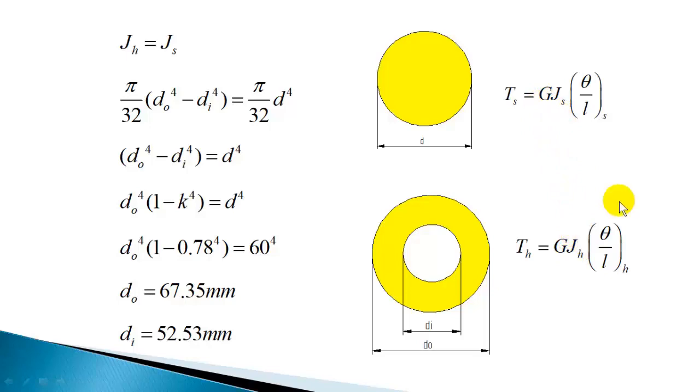Both the shafts will now transmit the same torque while undergoing unit angular twist in unit length, so T by theta by L is equal to GJ. So we got the replacement. Now we need to find out the percentage saving in material.